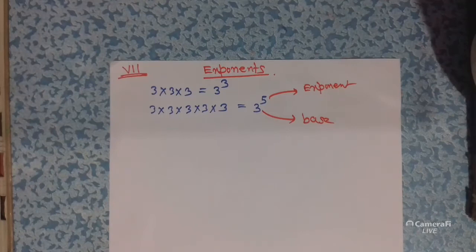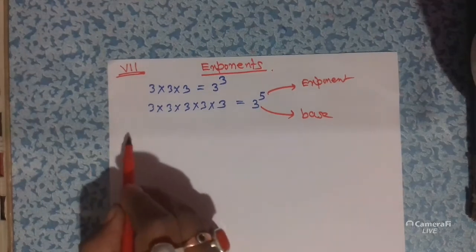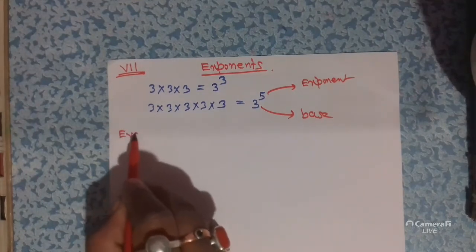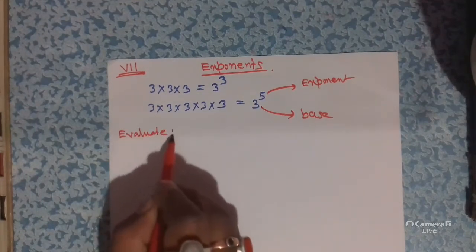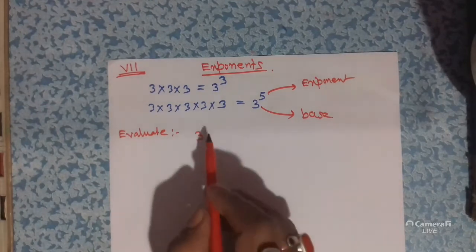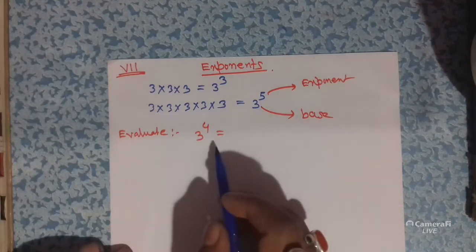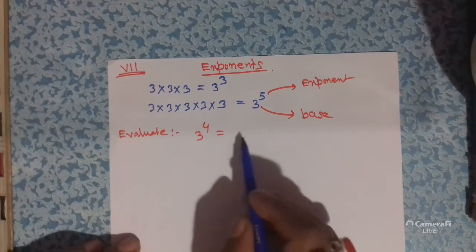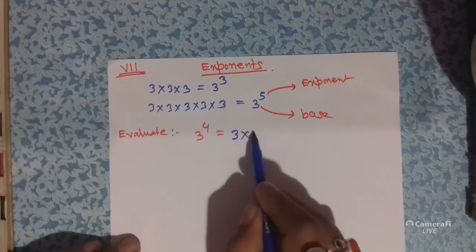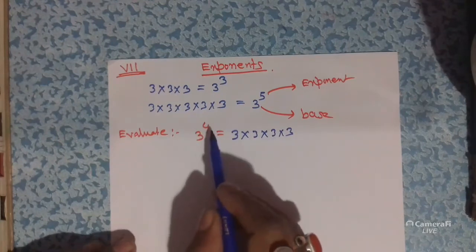Now I am going to show you some examples. Evaluate 3 to the power 4. Then 3 to the power 4 means how many 3's are there? 4 3's are there, because it is 3 to the power 4.